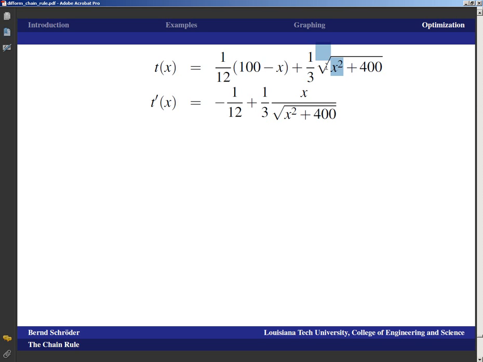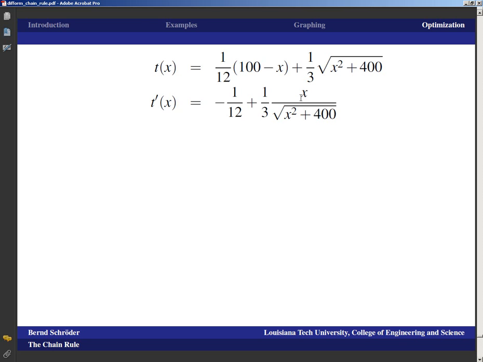And here is another one of those places where the chain rule certainly sneaks in. So let's see, how does that go? The square root is essentially a power 1/2. So we get 1/2 times the inside to the negative 1/2 times the derivative of the inside, which is 2x.